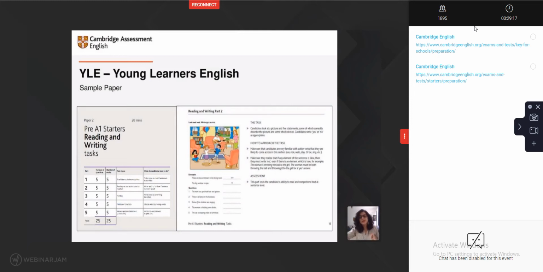So they use a lot of visuals. Now, that in itself is evidence that the Cambridge English exams are intended and are designed to assess the comprehension and not the memory of the child. So that's what makes them unique, because these exams are application based.